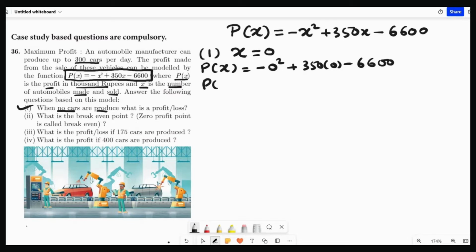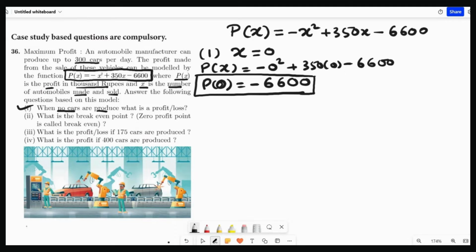So P(0) is -6600. So when no cars are made or sold, that automobile industry runs into a loss because it is negative. P(0) is negative, so it is a loss of 6,600 rupees.